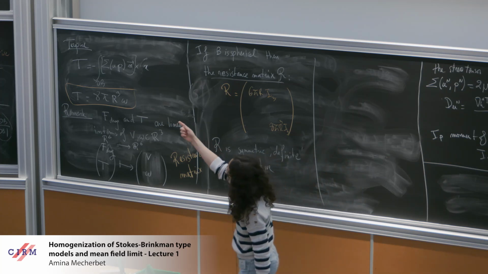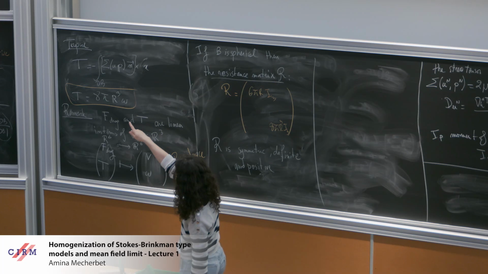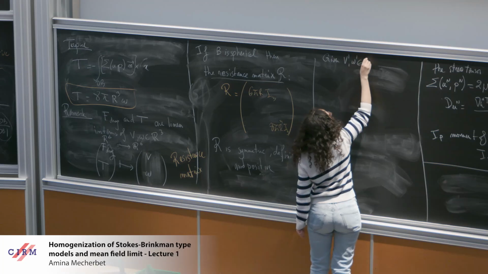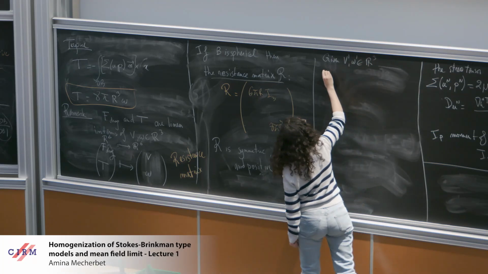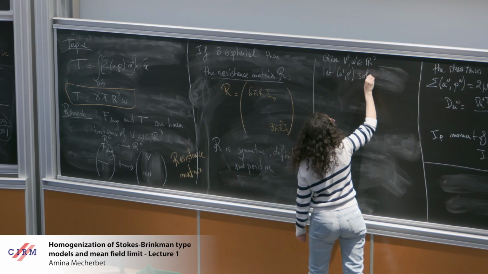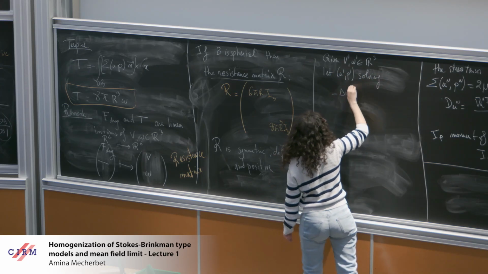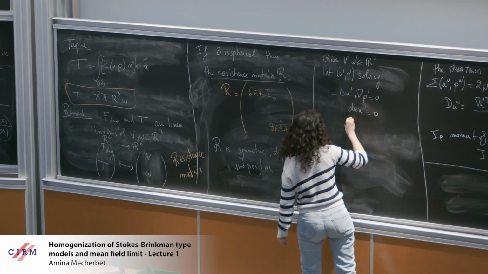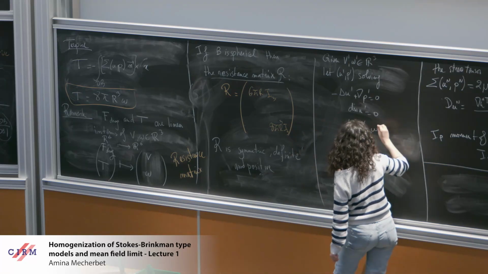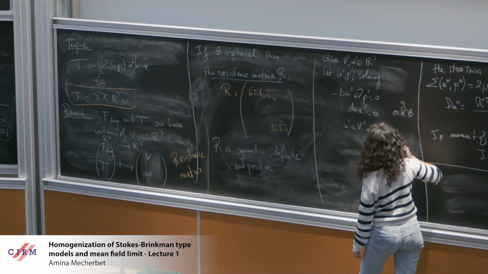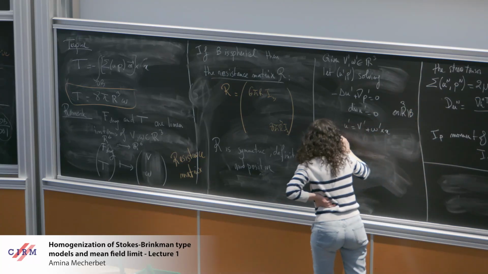So I will consider the same resistance problem, which is the one on the top there, for some other velocities, linear and angular. I will call them u prime, p prime, solving the very same equation for some v prime and omega prime. So still on R3 minus the sphere.